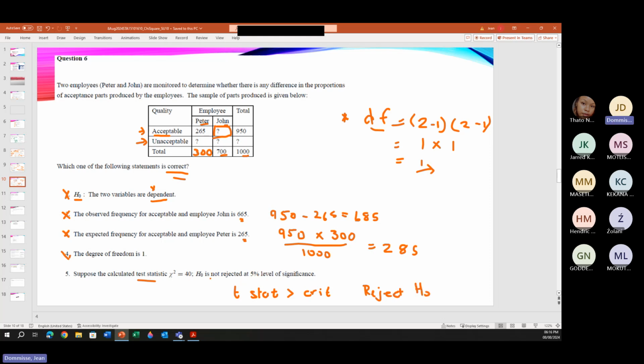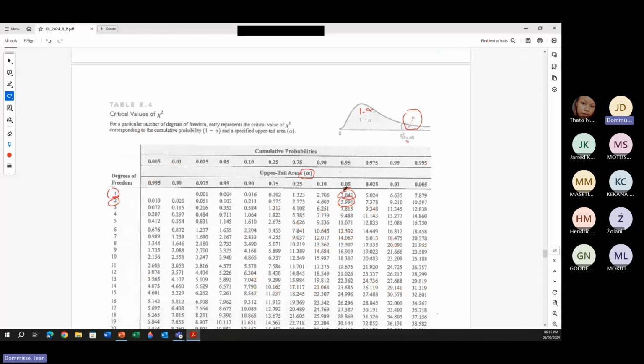And so they tell us the T-stat is 40. So let's see, 5%, 1 degree, we've done that already. 5% 1 degree is 3.841.